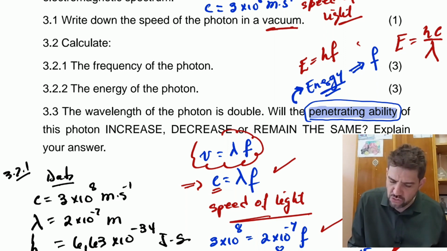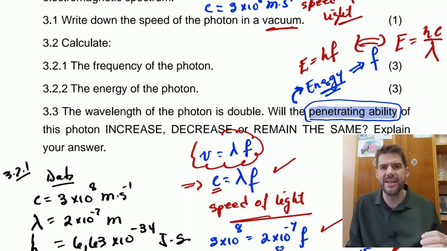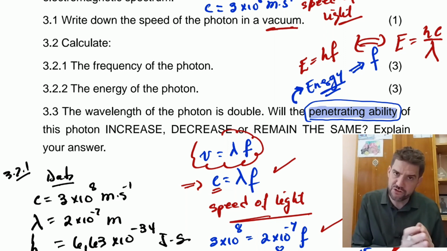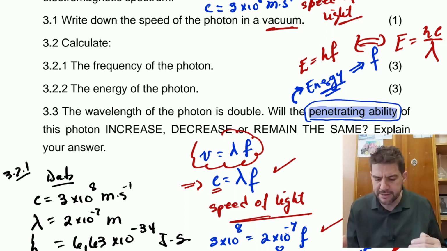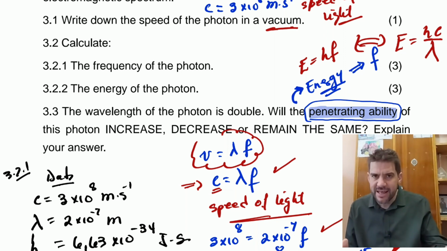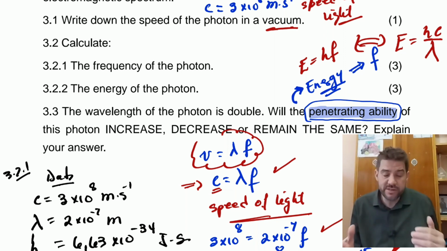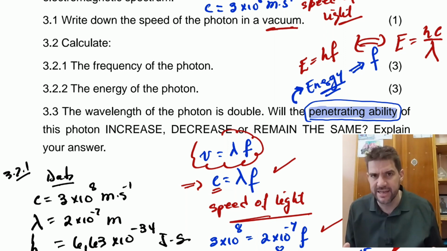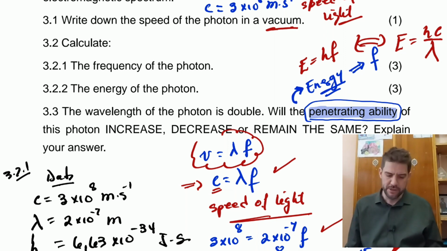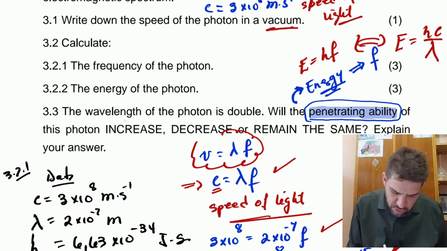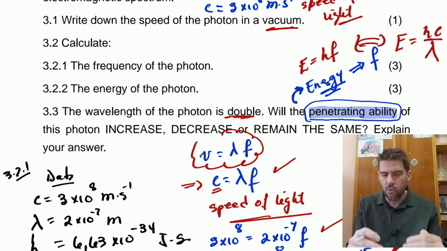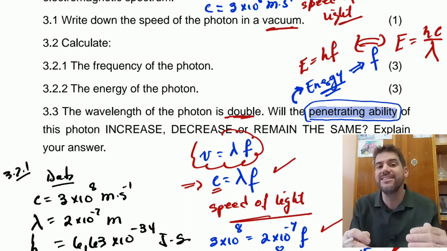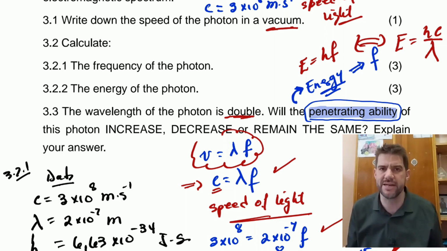Now, with these two, you can see that energy is directly proportional to frequency, inversely proportional to wavelength. It means the higher the wavelength, the lower the frequency, the lower the energy, the less the penetrating ability. So if the wavelength of the photon is double, you are increasing the wavelength, what does it mean? The energy decreases, and so the penetrating ability.